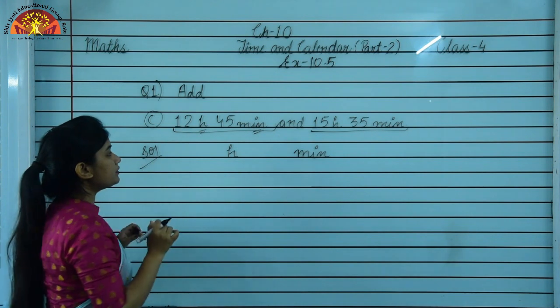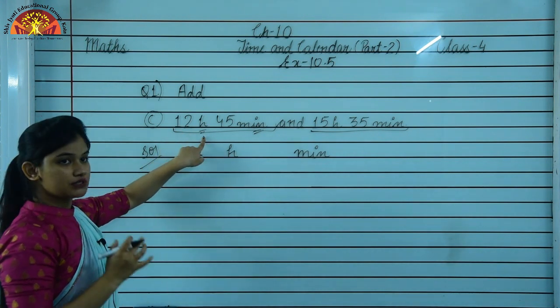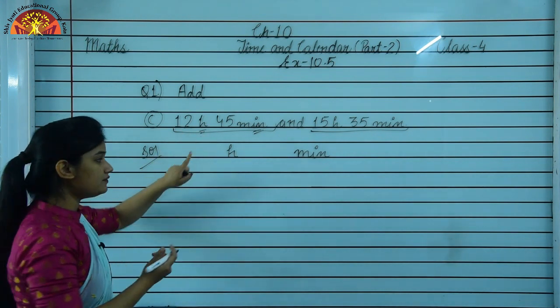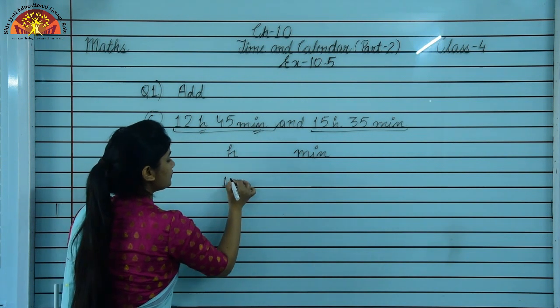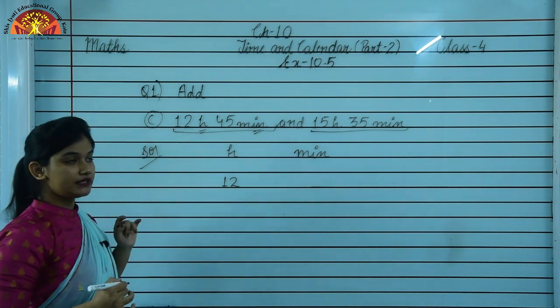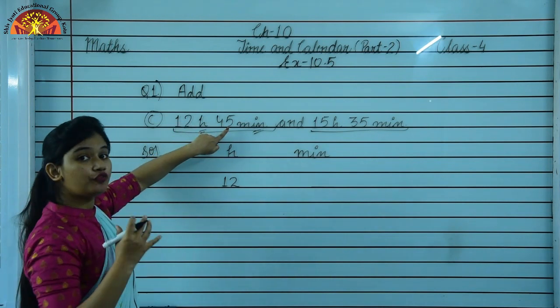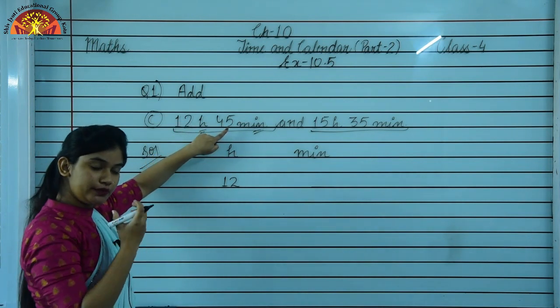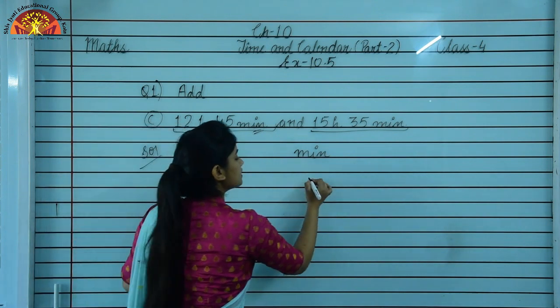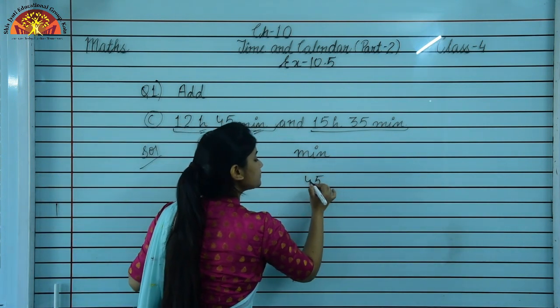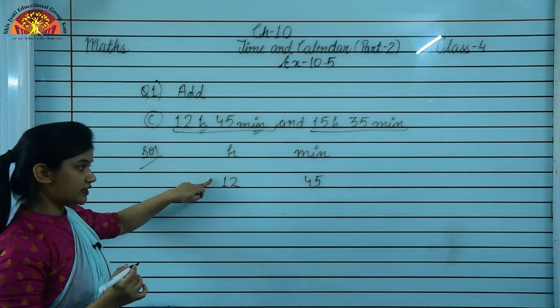So in the first number we are observing 12 hours. So how many hours do we have? 12. So I will write 12 here. Is it clear? Now in the same number I am observing 45 minutes. So how many minutes do we have here? 45 minutes. So I will write 45 here. Now this is the first number we have written.